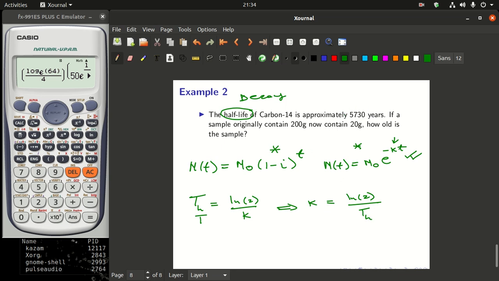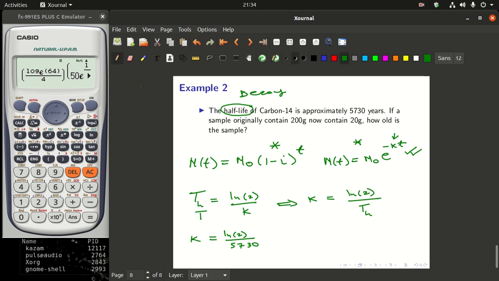Remember that the half-life is given, in other words t sub h is given, so our k is going to be ln of 2 divided by 5730 years. So that's our k.